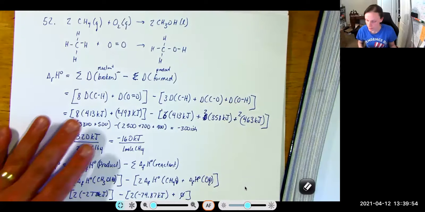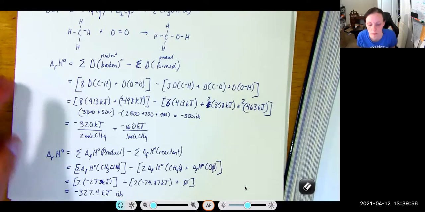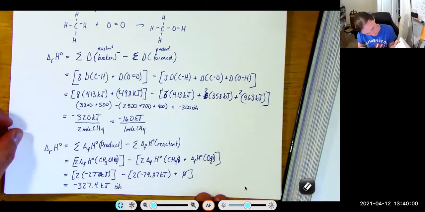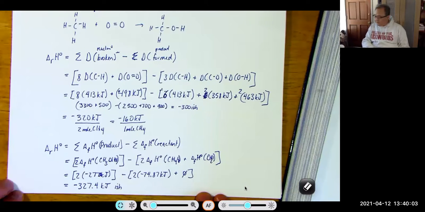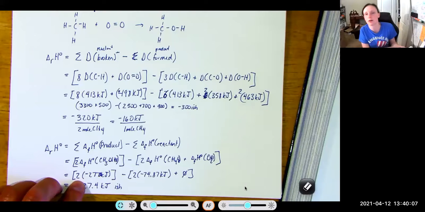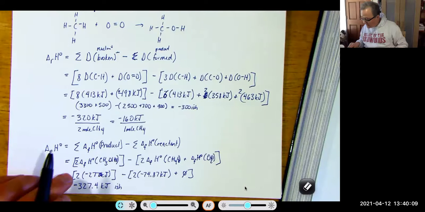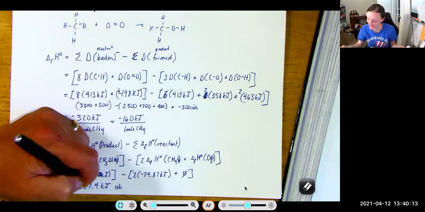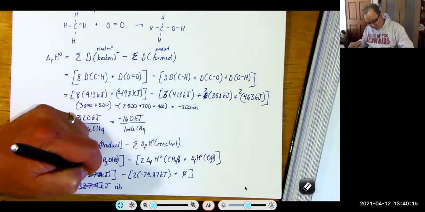So you looked up the value for methanol, right? Right, and it's minus 277. Oh, so ethanol. Actually, I picked the wrong one. That's ethanol. Okay. It's minus 238.4.